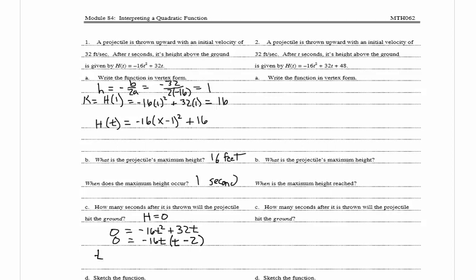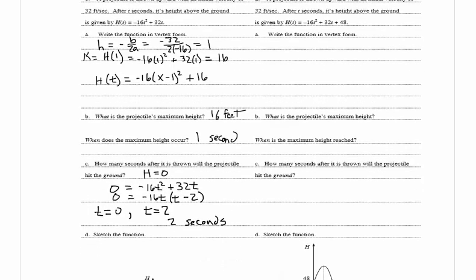So t is equal to 0 and t is equal to 2. And we threw the projectile at time 0, so it hits the ground at t is equal to 2, or 2 seconds.